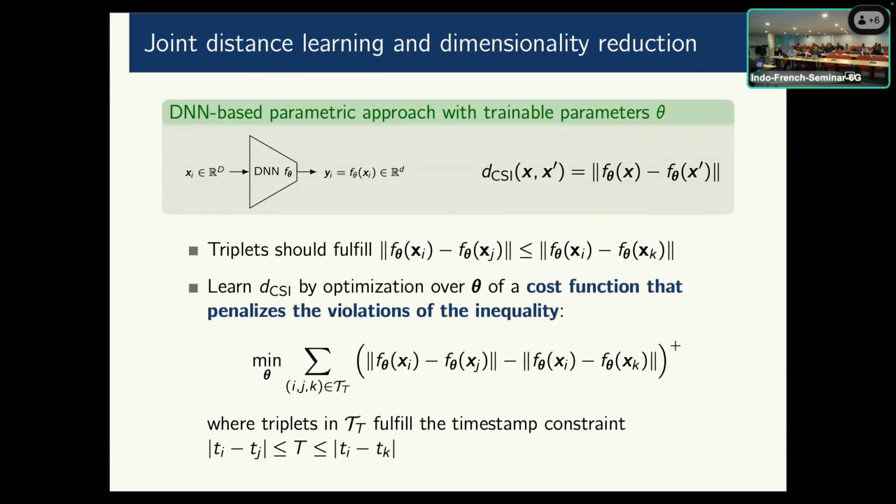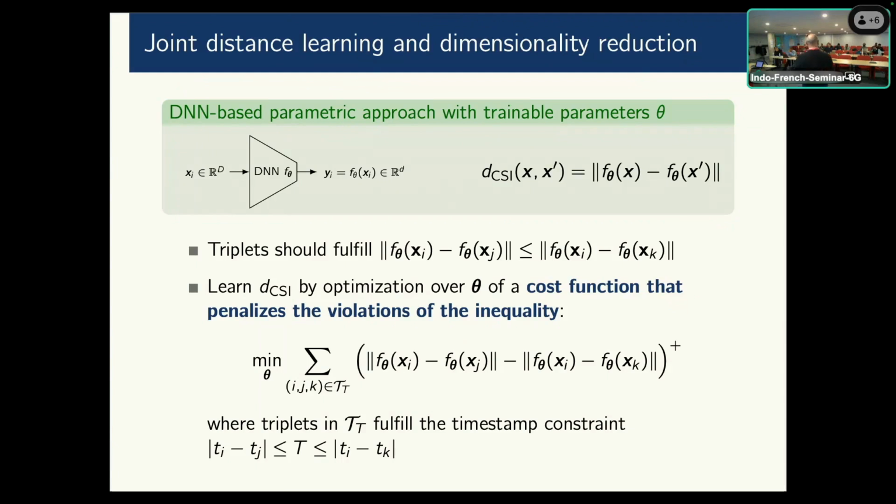I want my distance to fulfill this inequality, the one I showed before, and I know that I can generate a whole bunch of triplets of measurements that will very likely fulfill it, because I only need to generate triplets for which the first two elements are successive measurements.